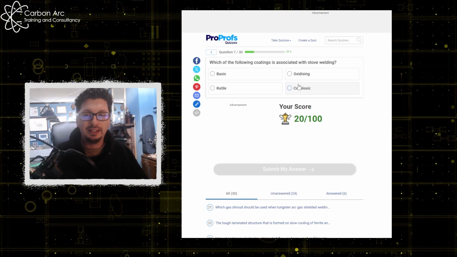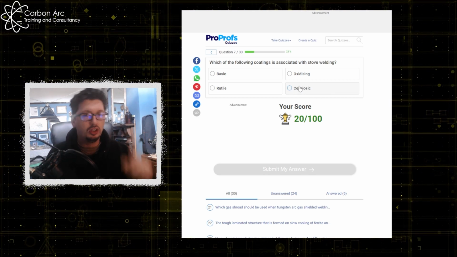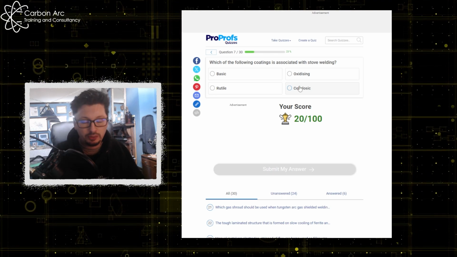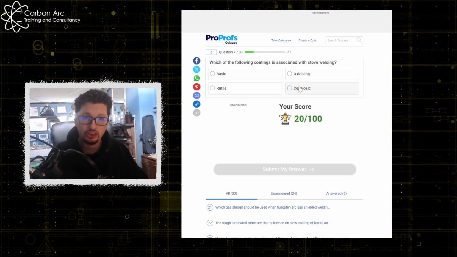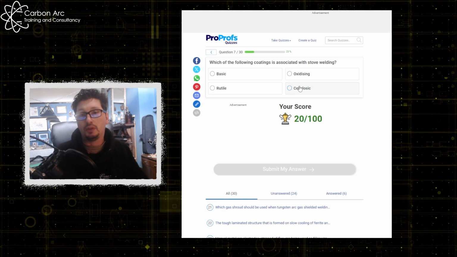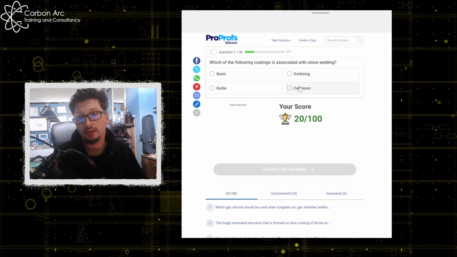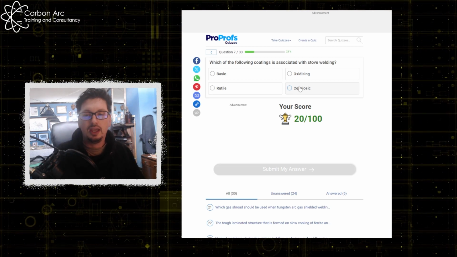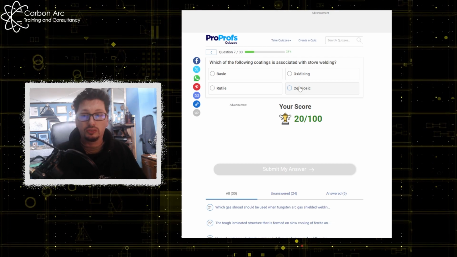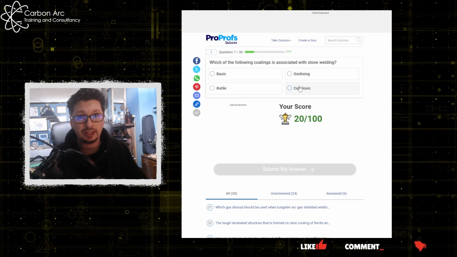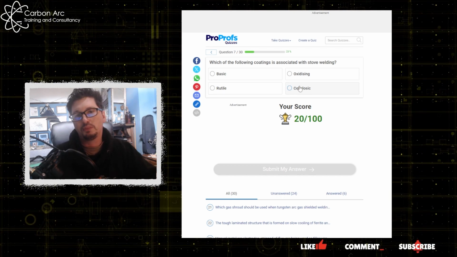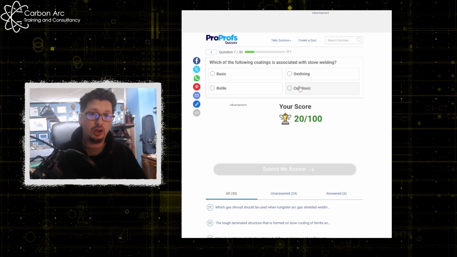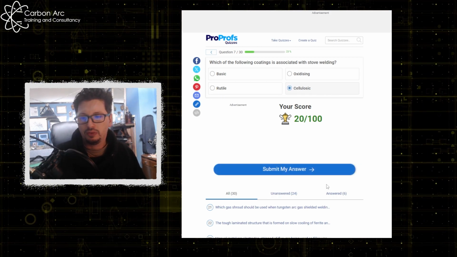For that, we need an electrode that's going to burn really hot, because traveling down in the PG position, we're going to need to generate more heat because we're traveling relatively quick. If we don't generate more heat, then we'll likely get lack of fusion defects. So the cellulose powder in cellulosic electrodes, when it burns, produces a hydrogen shielding gas, which imparts more energy into the arc and makes the arc hotter. So it'll be cellulosic.